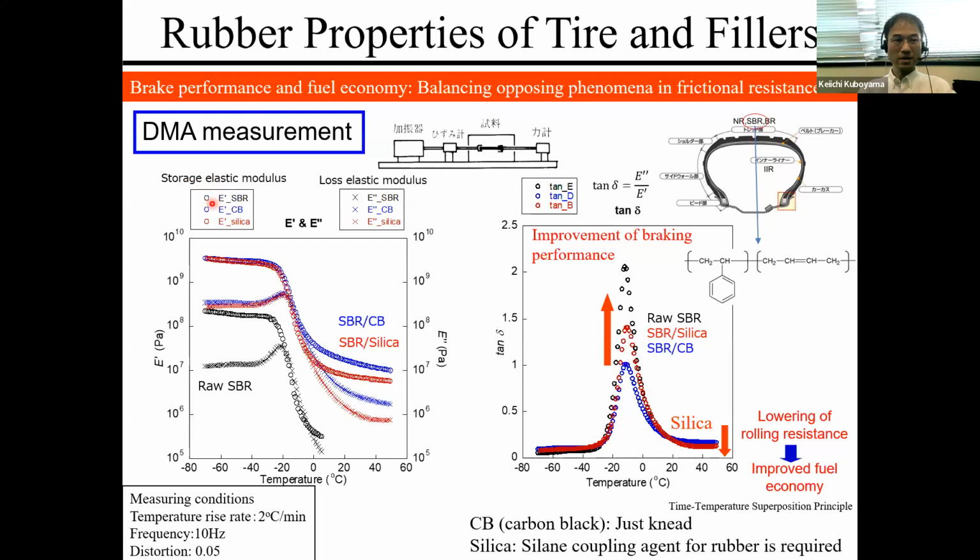So E prime is the storage elastic modulus, and E double prime is the loss elastic modulus. When you measure the tire's properties using dynamic mechanical analysis equipment, you can get both parameters like this.